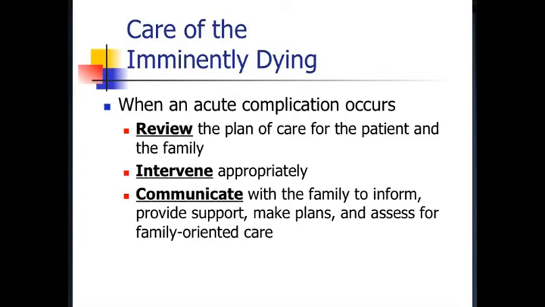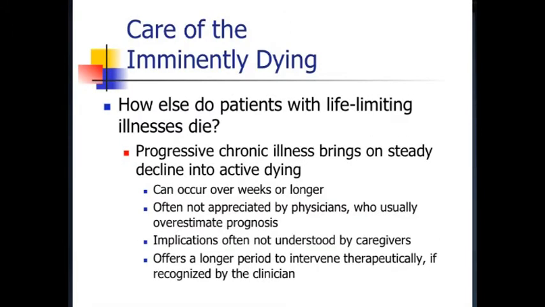So when an acute complication occurs, what do we do? Obviously, review the plan of care for the patient and family, intervene, and communicate with the family to inform, provide support, make plans, and assess for family-oriented care. And that can obviously be the critical intervention when someone transitions from a steady decline to a rapid decline.